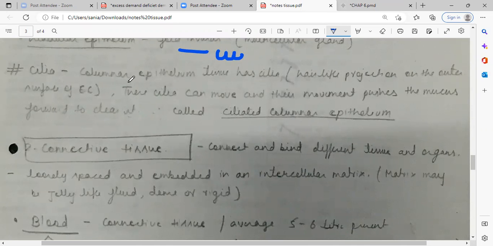When we were doing epithelial tissue, the cells were closely packed, tightly packed, right? But connective tissue is loosely spaced and embedded in the intercellular matrix, so inside they are like this. And the matrix can be jelly-like fluid or can be rigid. Clear?